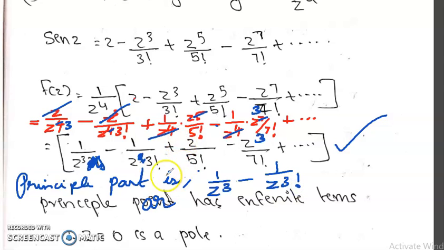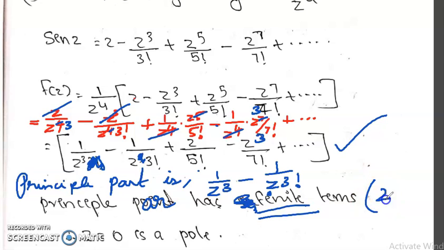In all the other terms z is in the numerator. Principal part means z will be in the denominator, that means negative powers of z. So we have 1 by z cube minus 1 by z into 3 factorial. So the principal part has a finite number of terms.